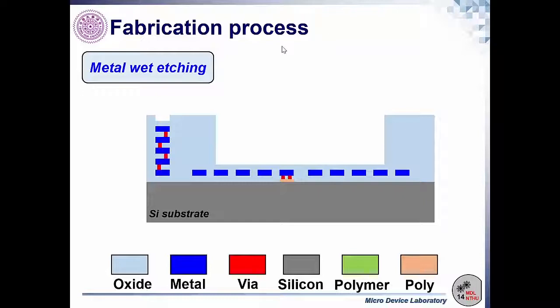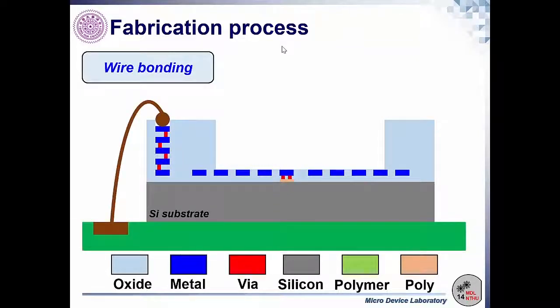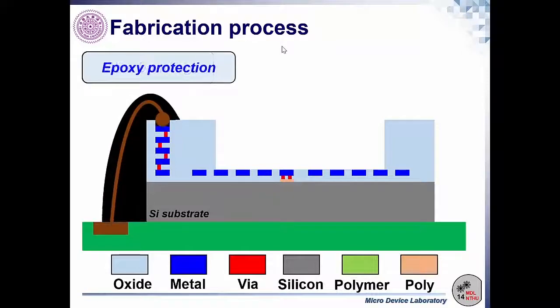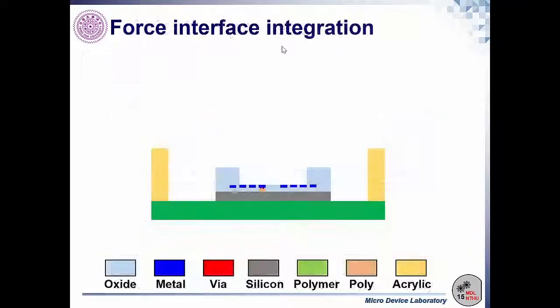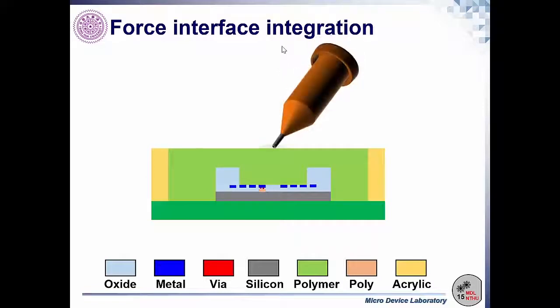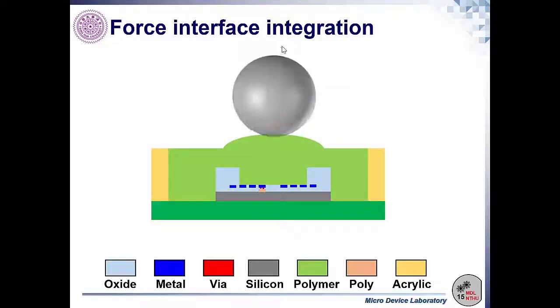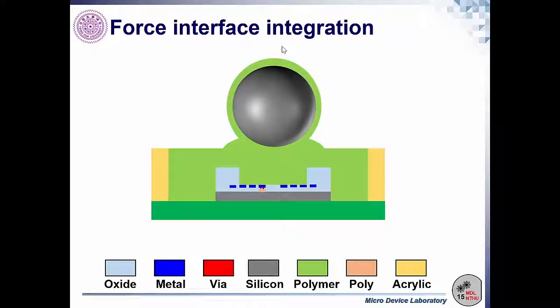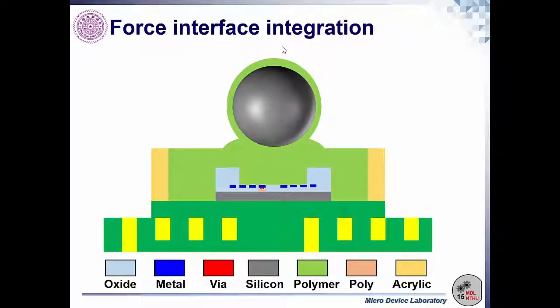In the next step, we use reactive ion etching to open the bonding pad. Then we wire bond the electrical pad for the electrical connection and protect the bonding wire with epoxy. Then the CMOS chip is encapsulated by the polymer using polymer molding. Finally, after adhesion of the chrono ball using the polymer, the molded CMOS chip is bonded on the PCB with the coil.